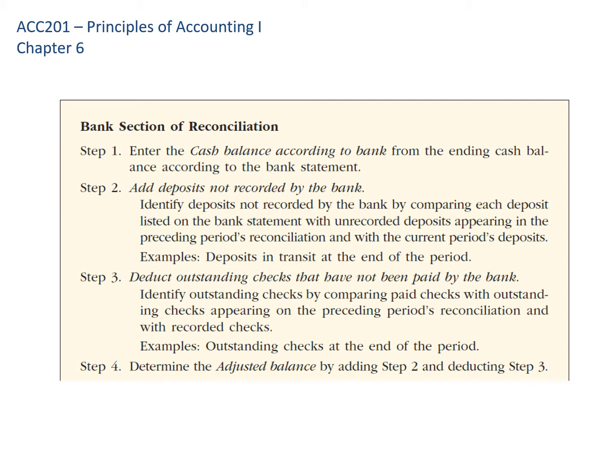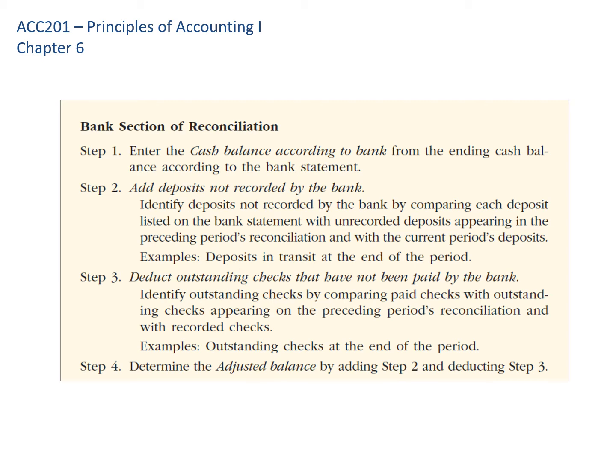That person has to deposit it in their bank, and that bank has to present it for collection to my bank. That's when my bank finds out about it and takes it out of my account. So if that hasn't happened yet, those outstanding checks are still out there. The bank doesn't know about them, but really the money is no longer mine. So I'm going to deduct those outstanding checks, the amount of them, from what the bank says I have.